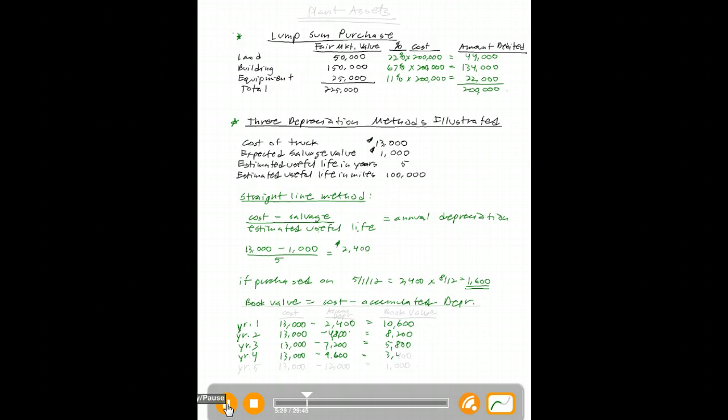So that gives you a book value of $3,400. And then in year 5, your cost minus your accumulated depreciation of $12,000 gives you a book value of $1,000, and that is equal to your salvage value, which was your original estimate.